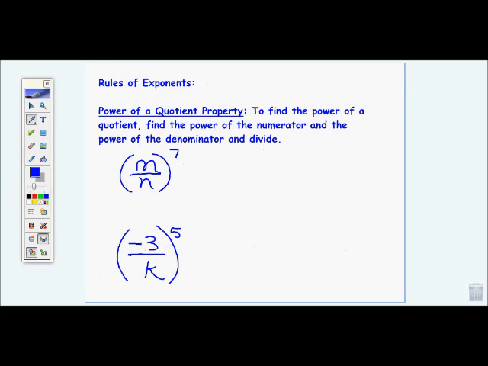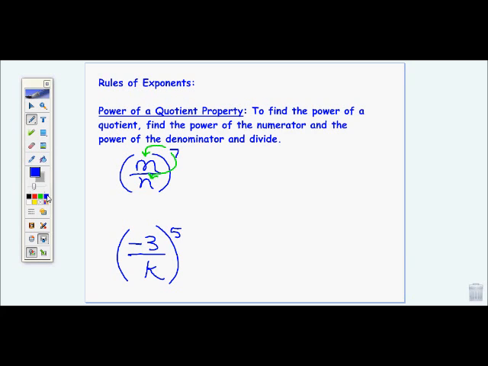So next we will talk about the quotient property. Quotient meaning division. This is to find the power of a quotient: find the power of the numerator and the power of the denominator, and then divide. So again, I'll use my distributive mapping to show you. That means everything inside of the parentheses is to the seventh power.